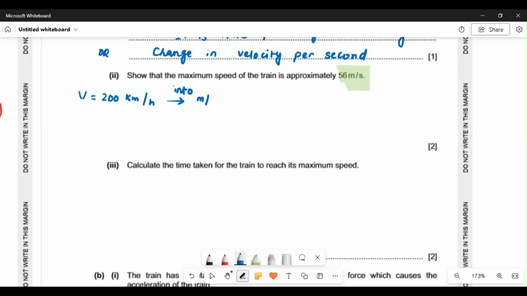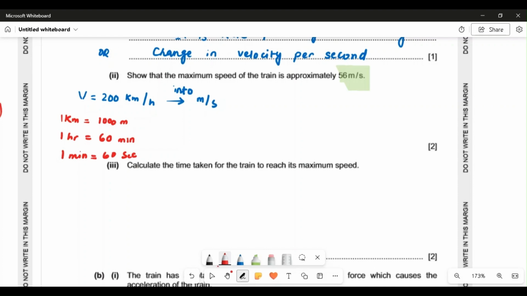Before I go further, I would like to mention that 1 kilometer is always equal to 1000 meters, and 1 hour is always 60 minutes, and each minute is always 60 seconds.